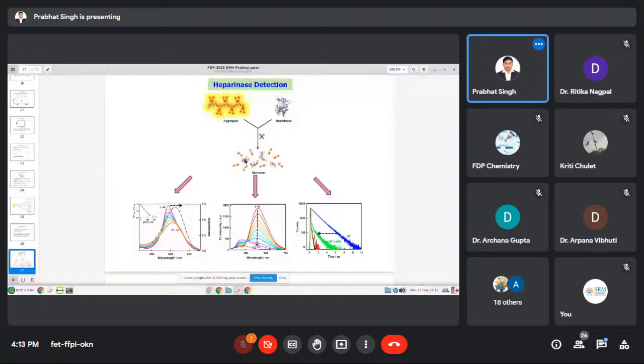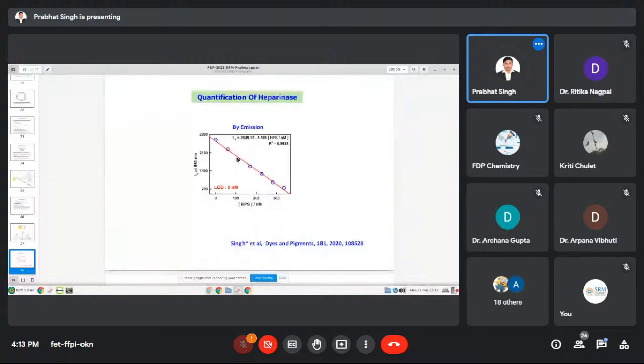When the charge density is not there, the emission will decrease. As I said in the beginning, it's not always a turn-on; here the dye heparin complex is emissive, so the heparinase has to cleave them, and if you want to develop an assay for heparinase, then it is basically a turn-off detection.